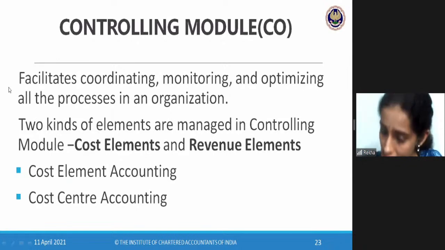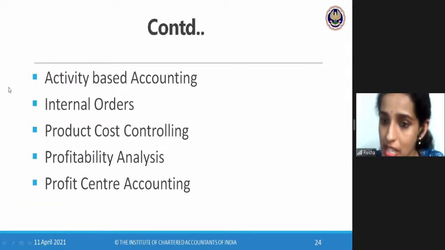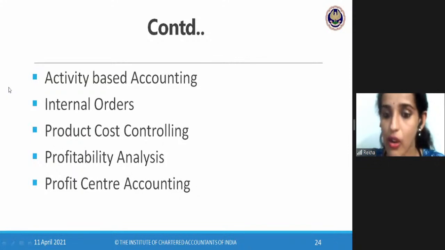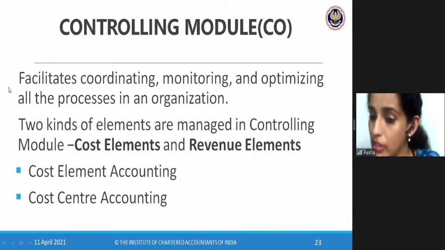Cost center, cost element accounting. As a whole is cost center, each and every element of cost inside that is your cost element accounting. Then activity based, internal orders, product cost, profitability. So all this will be coming as a part of the controlling module. Another module which has to be read together with your finance module.